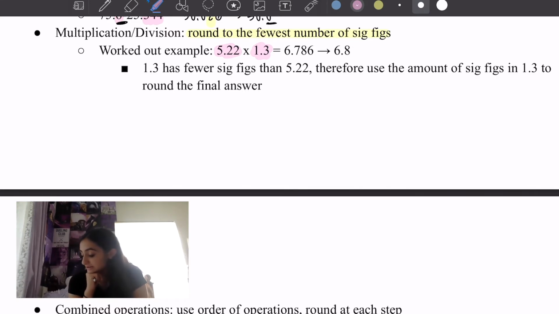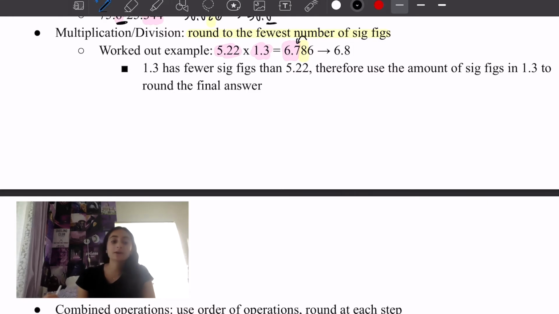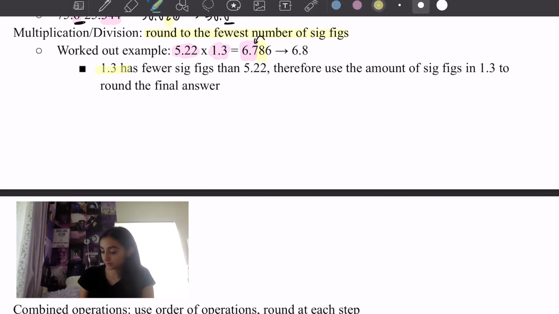So our unrounded answer is 6.786, but we only want 2 sig figs. So we are going to use a digit afterwards, the 8, to push the 7 up and rewrite our answer as 6.8. And you can see this explanation I wrote here. 1.3 has fewer sig figs than 5.22, so we are going to use that number of sig figs to contribute to our answer.